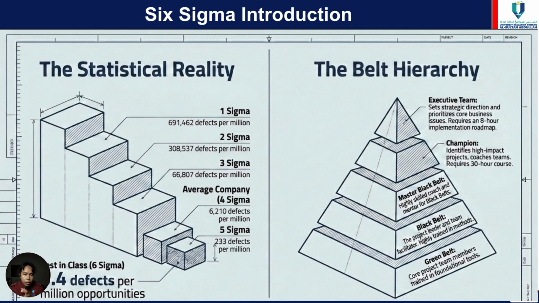And finally the peak of the hierarchy is the executive team, where we can set strategic direction and prioritize core business issues, which requires an 8-hour implementation roadmap.